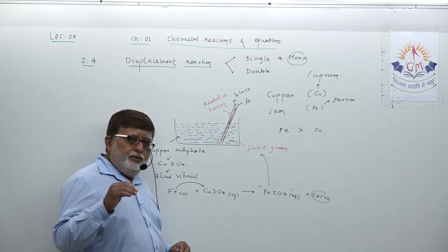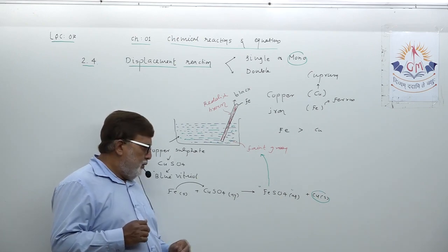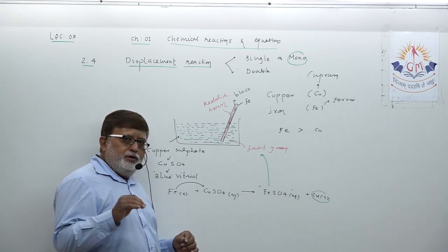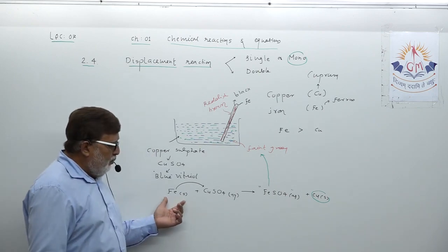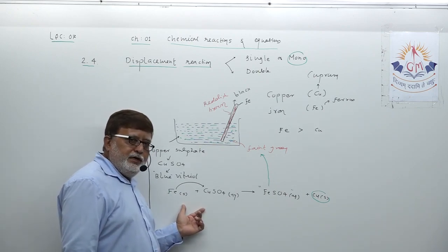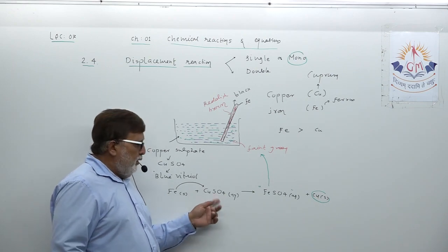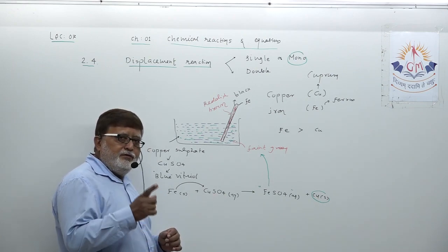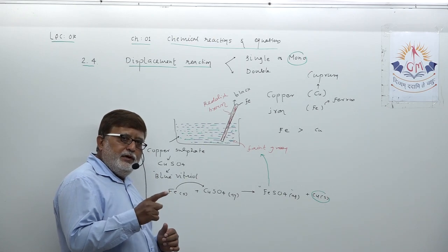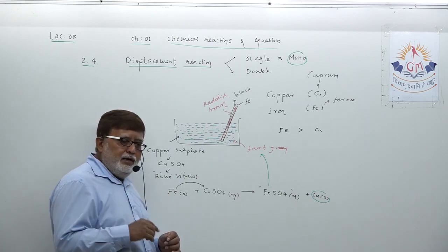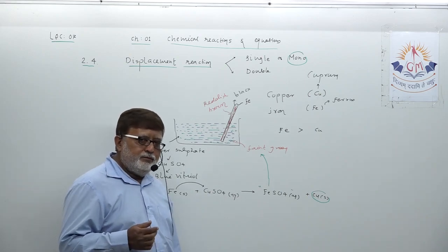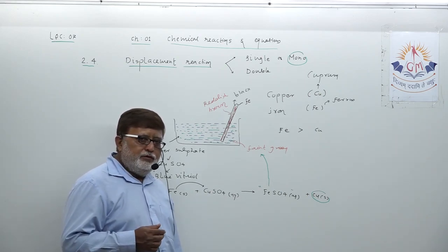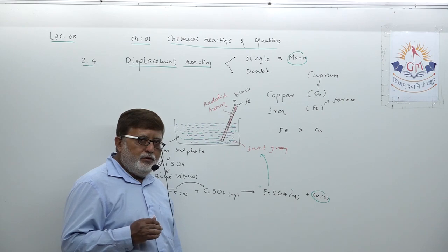I give you in the exam such 4 reactions A, B, C and D, where I will mention the first reactant as a metal and the second reactant as another metallic compound, and I will ask you a question: in which of the following displacement reaction is not possible?